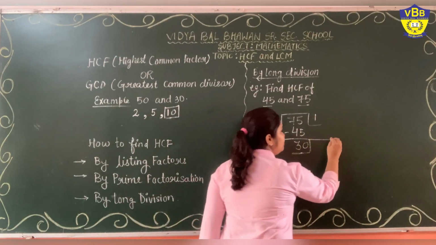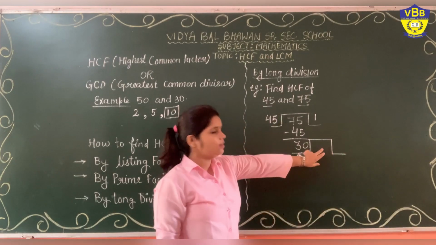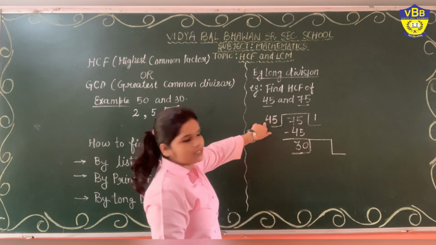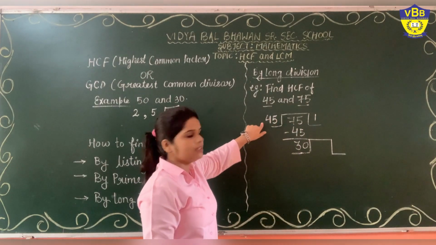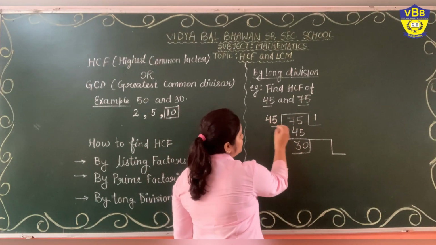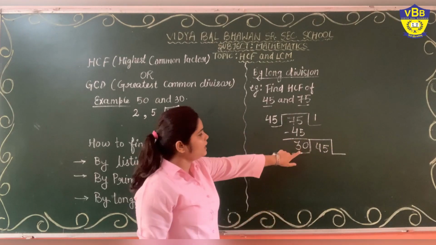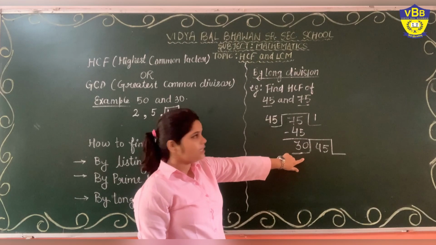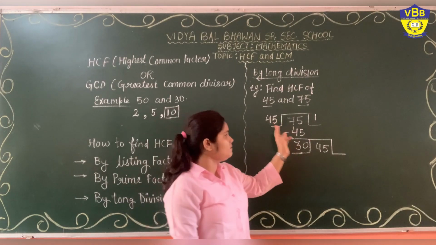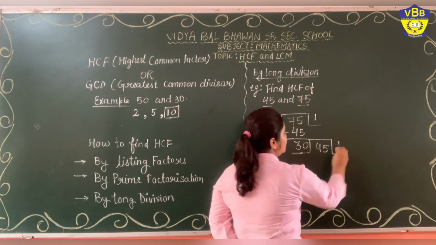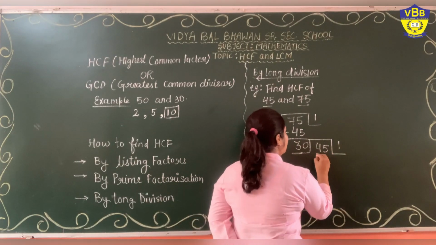And what will be the dividend then? Dividend will be the first divisor. 45 will come here as the dividend. Remainder will become divisor, and this divisor will become dividend here. Divide now. 30 ones are 30.